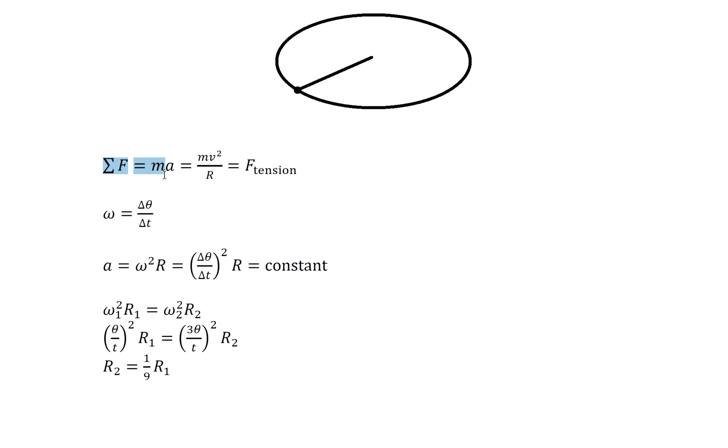Sigma F equals ma equals mv squared over r equals force of tension. Omega equals d theta over dt. This is not something that you've learned so far. Acceleration is equal to omega squared r equals a constant. So now we just compare two different situations. So we just solve for R2.